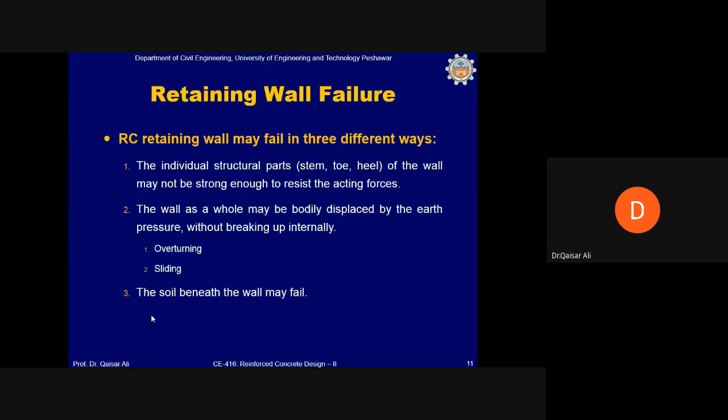If the soil underneath the retaining wall is not strong enough to take the load of the retaining wall, in the case of horizontal pressure.